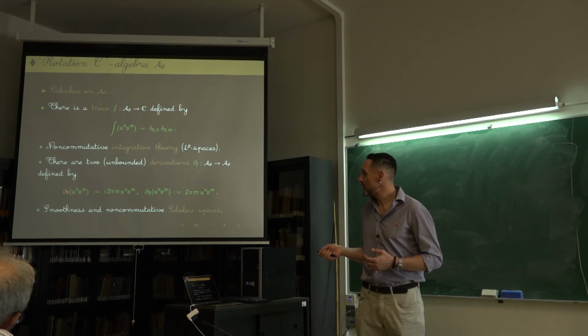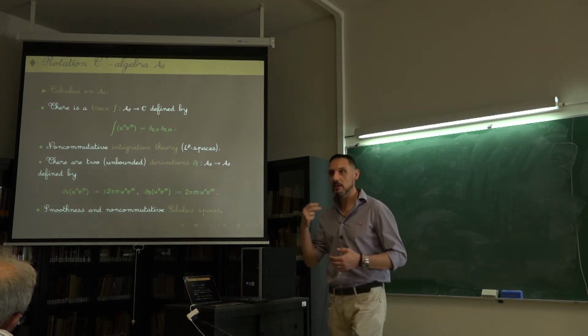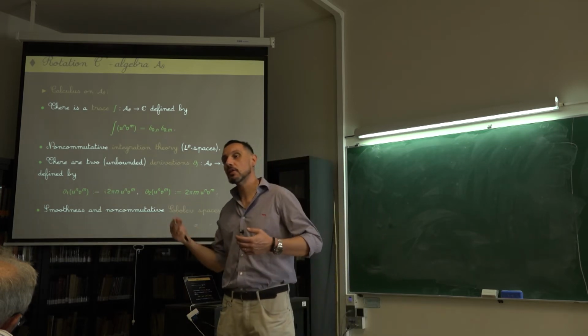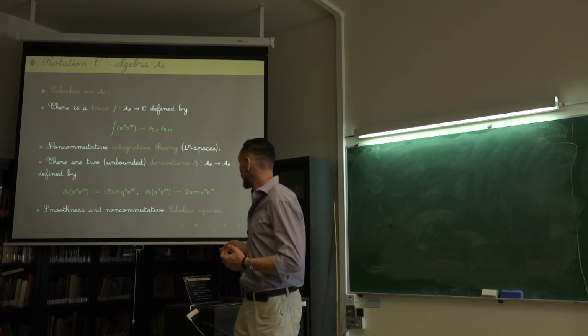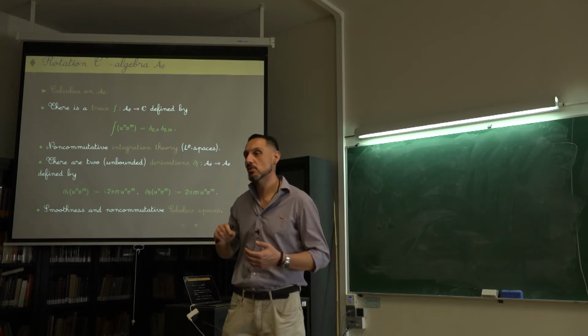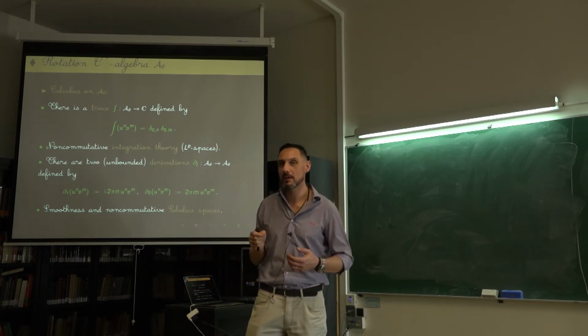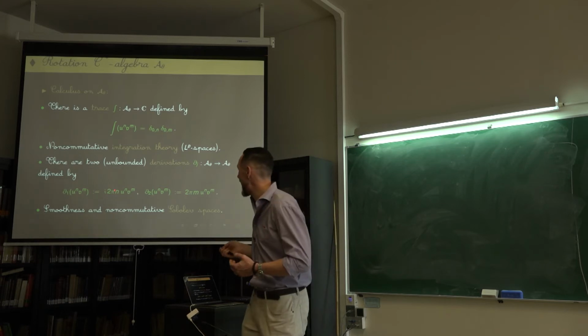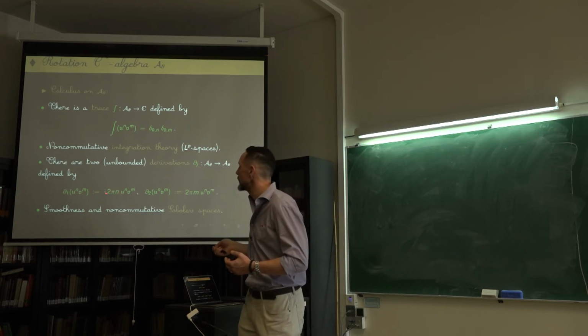In this case, I'm doing the derivative with respect to the first coordinate. In this case, with respect to the second coordinate. If you think of the example of the torus, an object of this type is the power n of the exponential in the first coordinate. And when I differentiate, I just get an n here. Well, this is the phase.